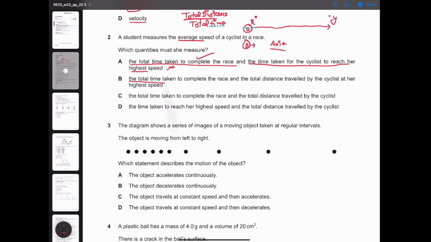Total time taken to complete the circuit and total distance traveled by the cyclist, yes. At a higher speed, no. Is it a must that you always travel at higher speed? No. The total time taken to complete the race and the total distance traveled by the cyclist looks more sensible. So the answer is C.